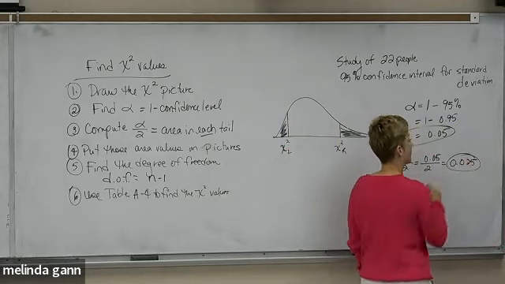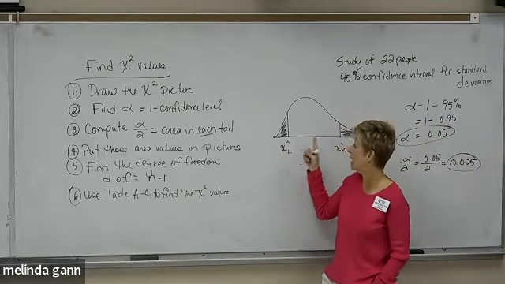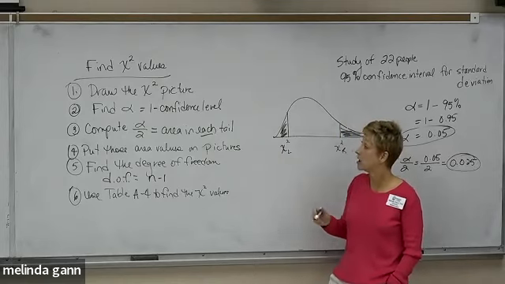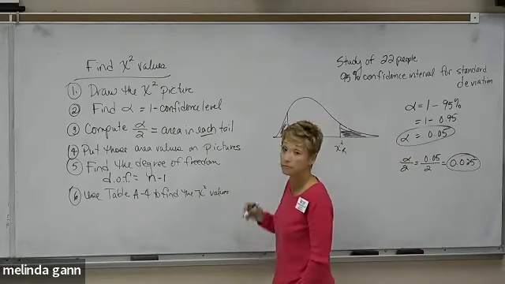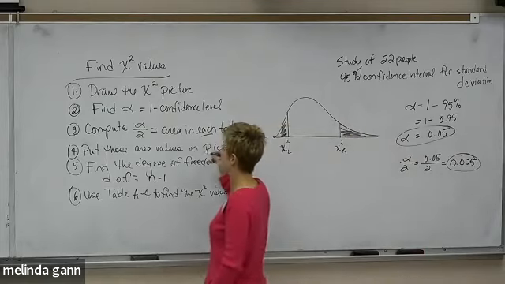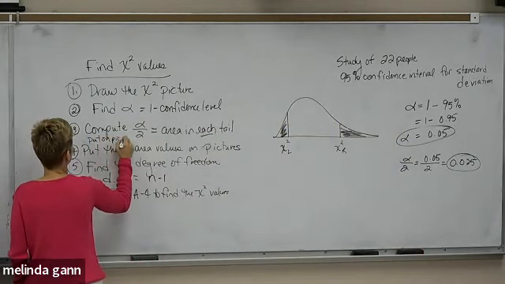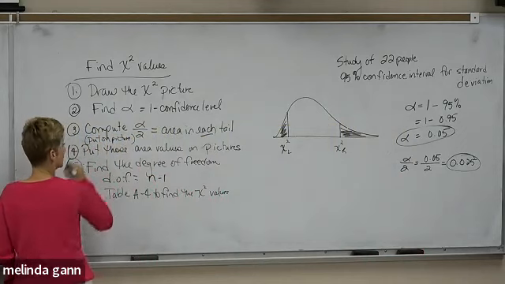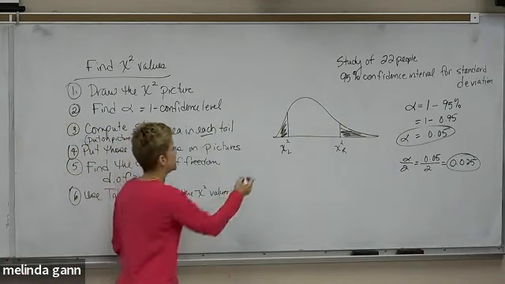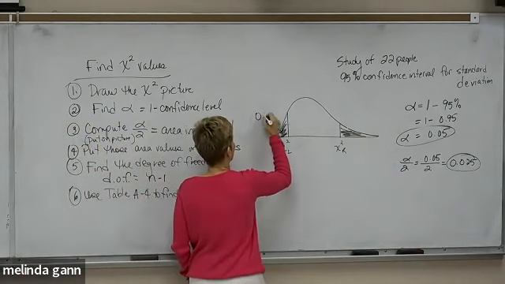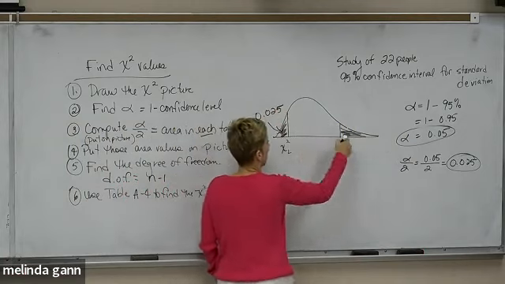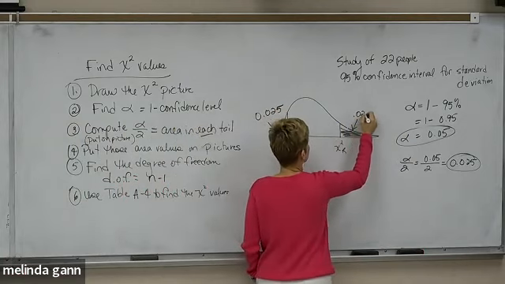Now, what is that 0.025? That's the area in each tail. So put it on the picture. You might put in parentheses, put on picture. Okay. So this area right here is 0.025, and this area right here is 0.025.